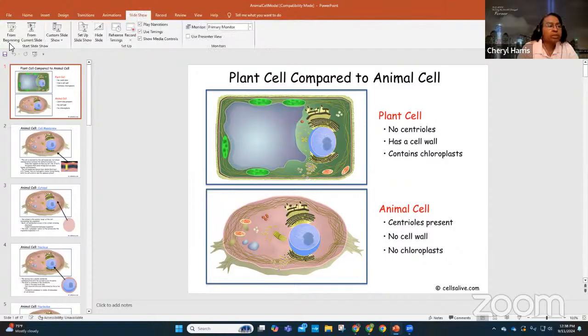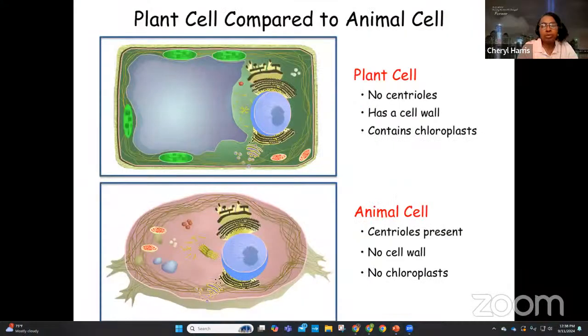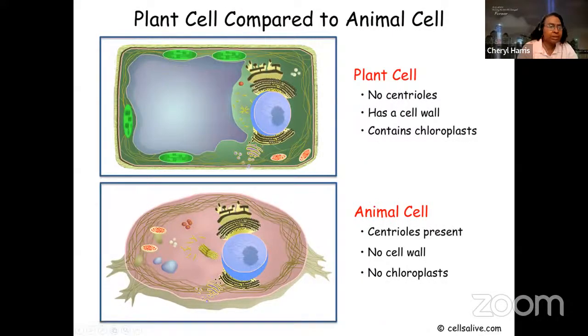Let me get this slideshow to go. What you need to know in particular in comparison is that both plants and animals have the cell as their basic unit of structure and function. There's only 3 differences between the two of them.